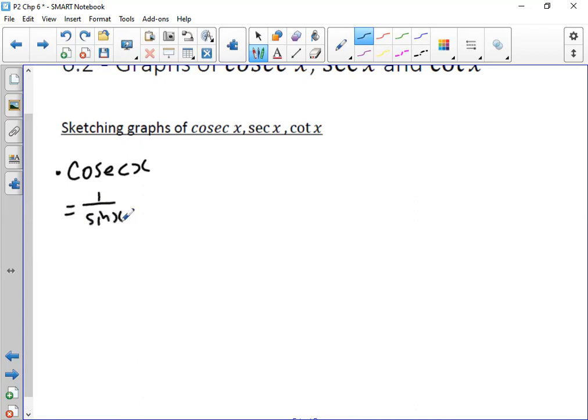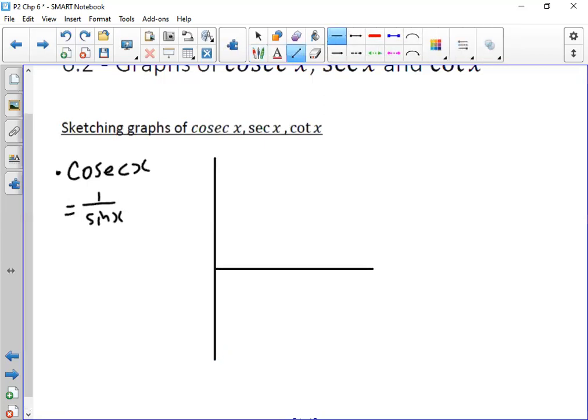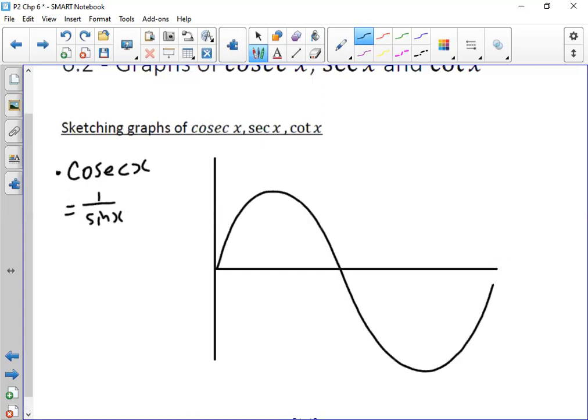Remember that. So we're going to start off with the normal axes and the normal sine graph first. Right, so the sine graph looks like this. I start from 0, the highest point is 1, and the lowest point is -1.